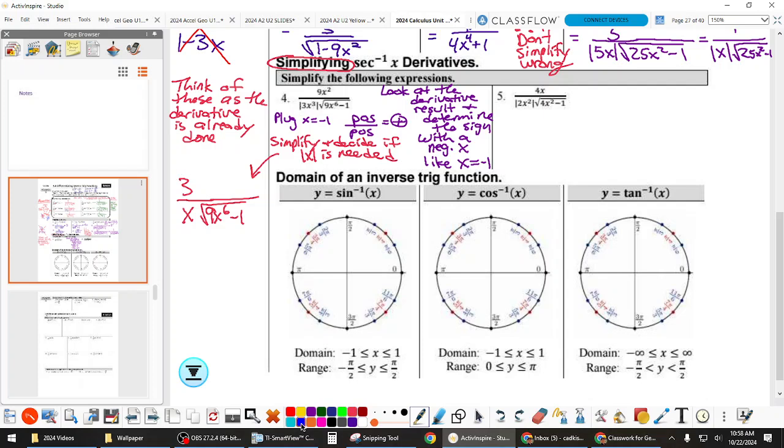Okay? So if we plug x equals -1 in here, it's negative. So what do we need to do? Yeah. Now it's positive. Now it matches. So think about how this might look on a multiple choice.